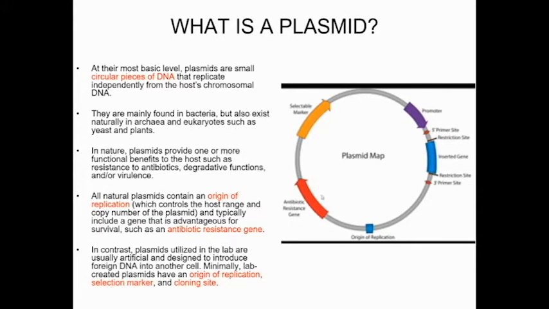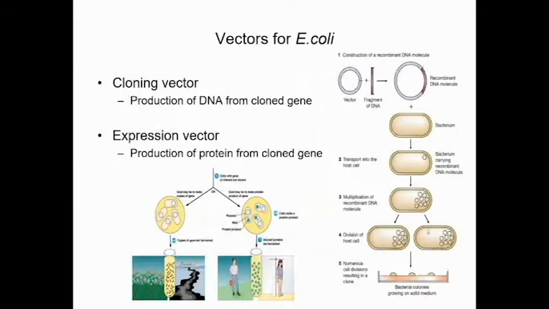So why do we need this selectable marker? Because as I mentioned in this diagram, when you clone a piece of DNA into the vector and then introduce it into the cell through transformation, you mix the plasmid DNA with the bacteria cells, so you have hundreds, thousands, maybe millions of DNA molecules mixed with millions of cells.